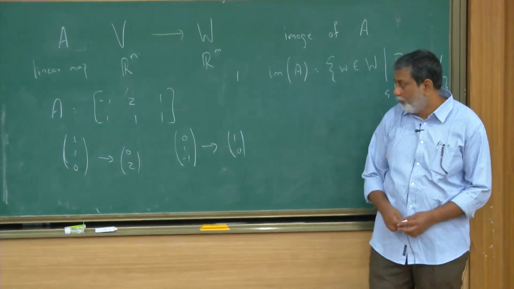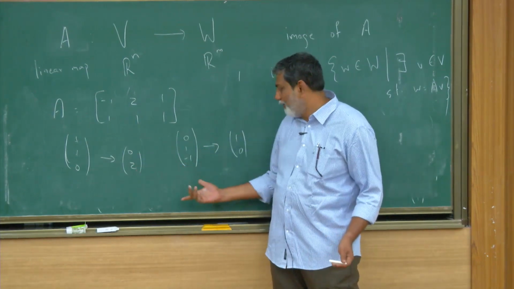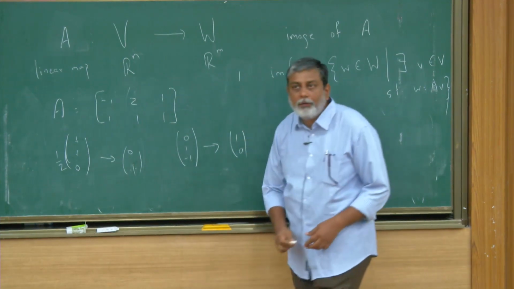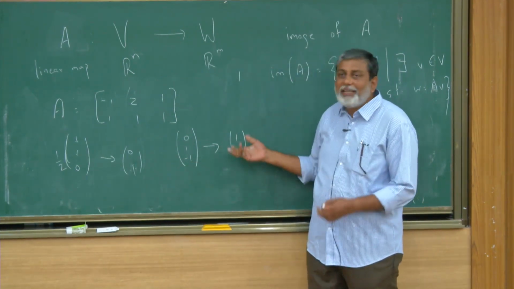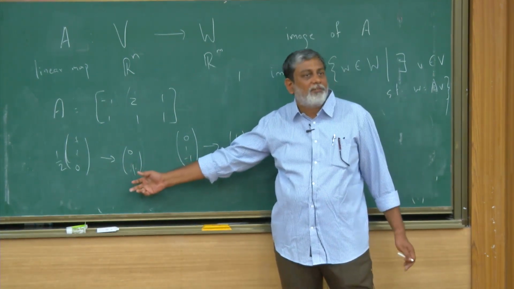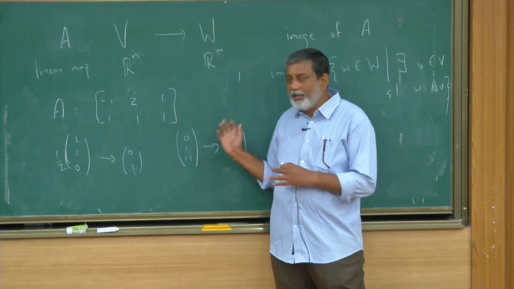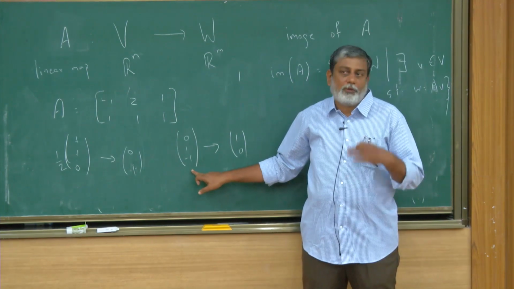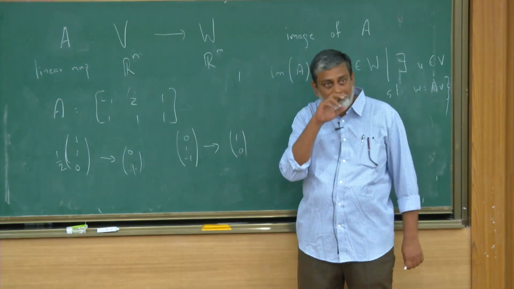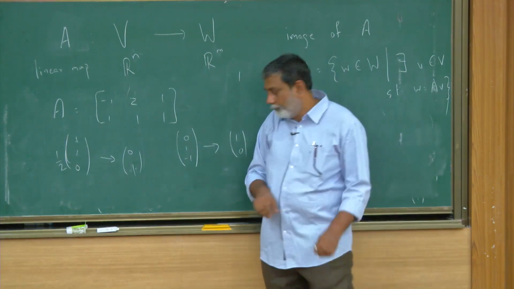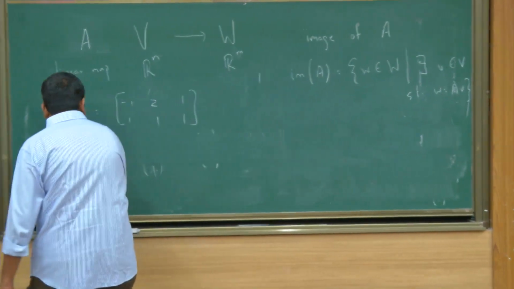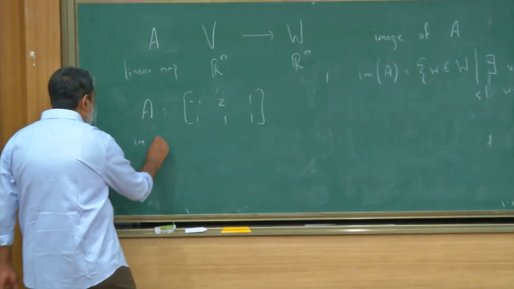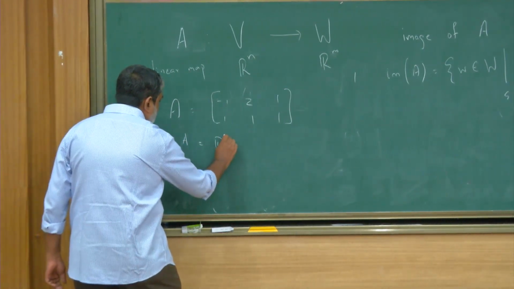Now, any vector in R2 is a linear combination of these two, and so you can reach that vector by taking the appropriate linear combination of these two. So everything in R2 is in the image. So in this particular example, the image of A is all of R2.